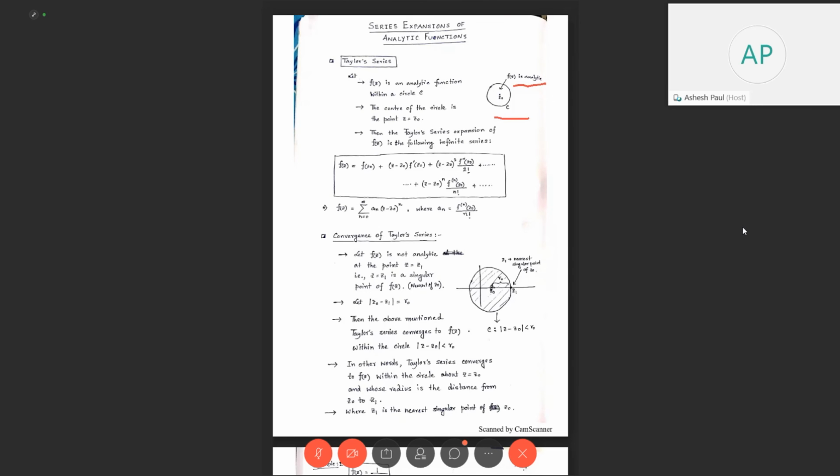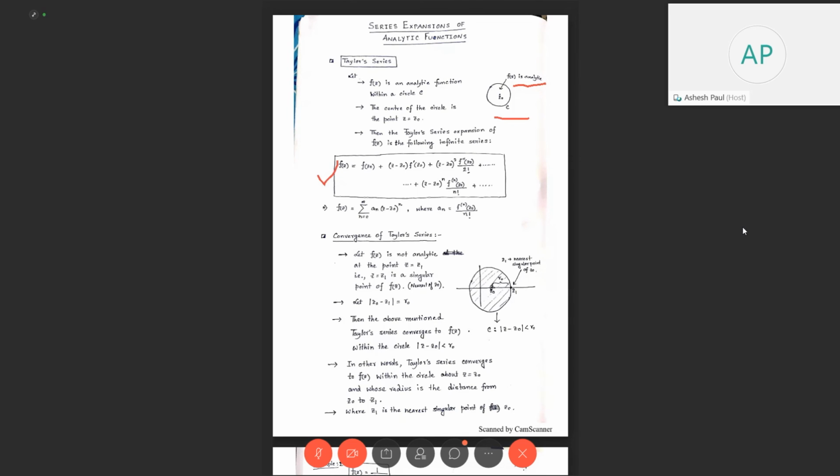So if there is a function f(z) which is analytic within a circle C having center at the point z0, then the Taylor series expansion of the function f(z) is the infinite series given in the box.